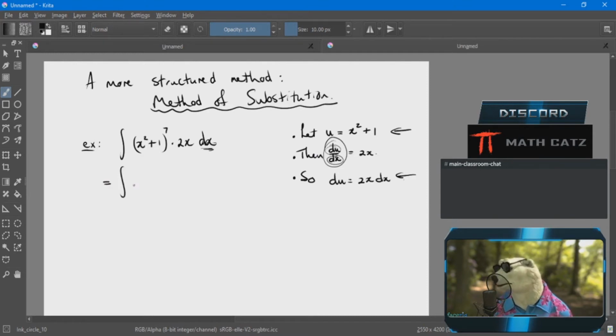Well, I simply rewrite everything. Every x thing has to be swapped out for something with a u. This x squared plus 1 to the 7 is now going to become u to the 7 because u is x squared plus 1. This last line says if I see a 2, an x, and a dx, I can swap them out and change them for a du. I see them exactly there.